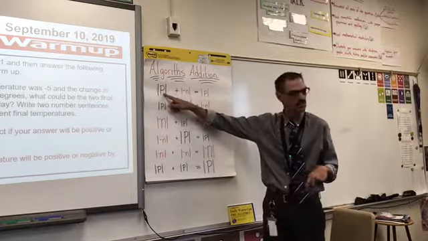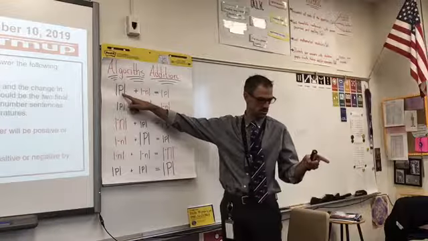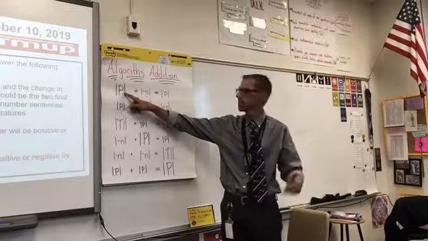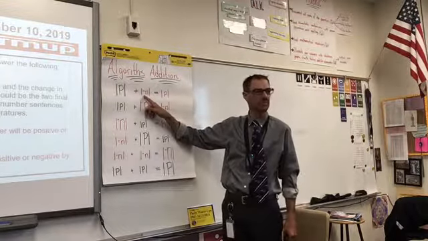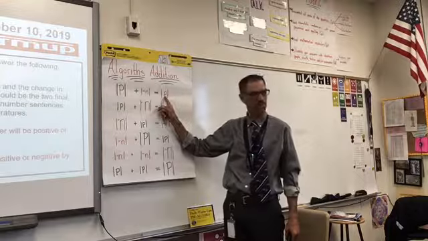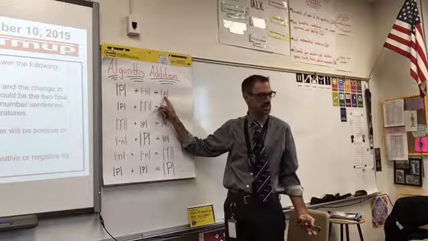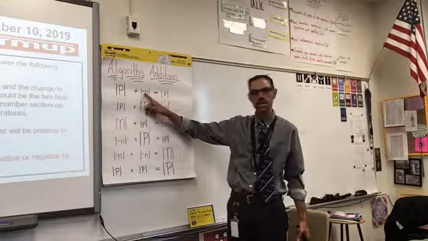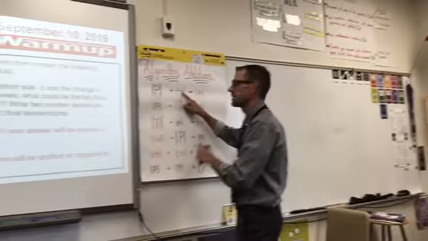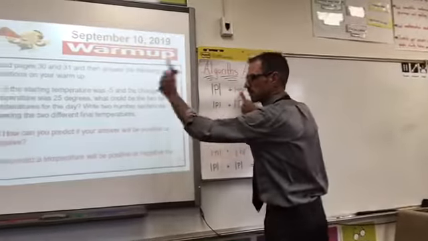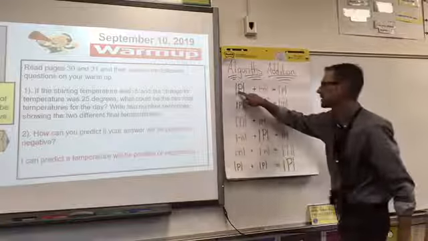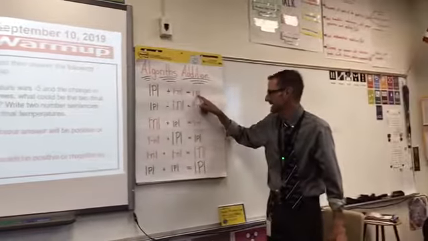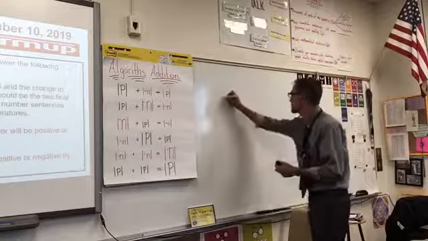So if a positive has a greater absolute value, Diego, then a negative absolute value, what happens? It stays positive, even if I'm adding a negative. When I add a negative, it's like what? Subtracting a positive. So I'm going to move left. But if this is greater than that, it stays positive. This is what that means.